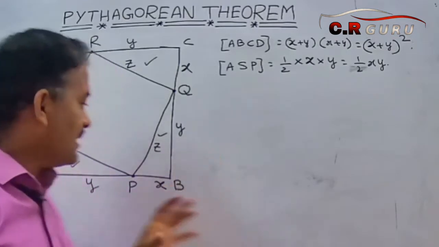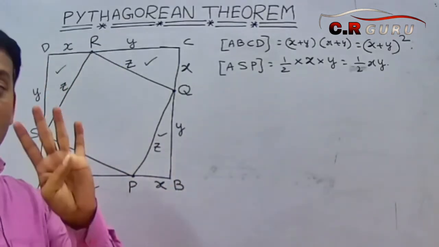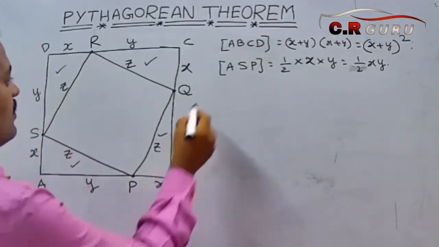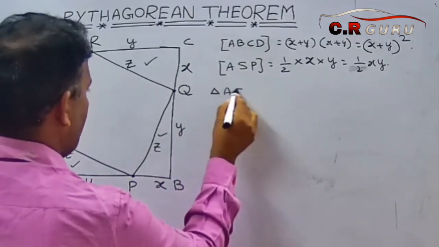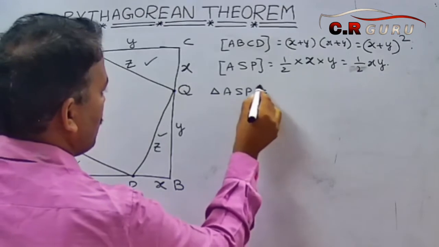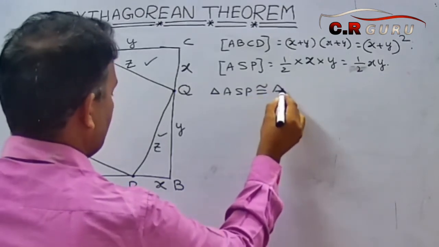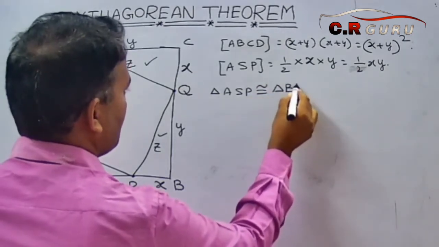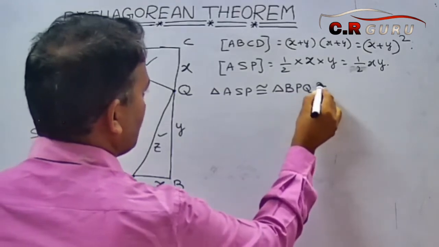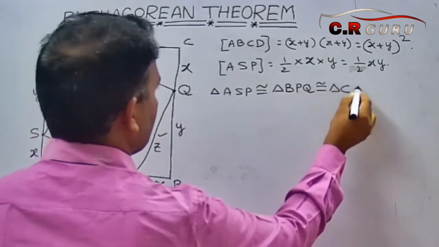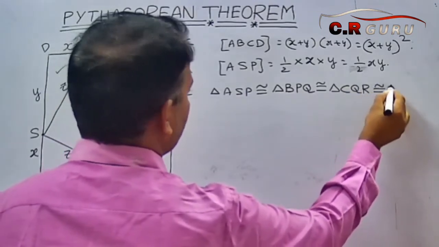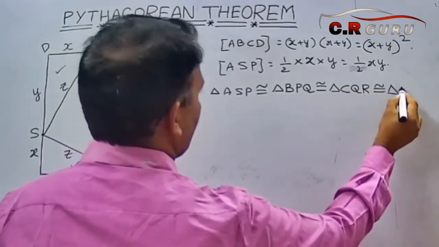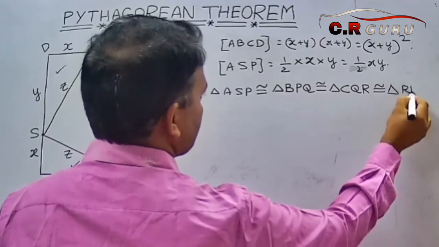Similarly, how many triangles are there? 4 equal triangles. Why? Because triangle ASP is congruent to triangle BPQ, which is congruent to triangle CQR, which is congruent to triangle RDS.